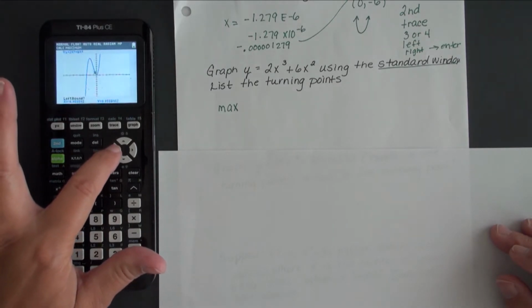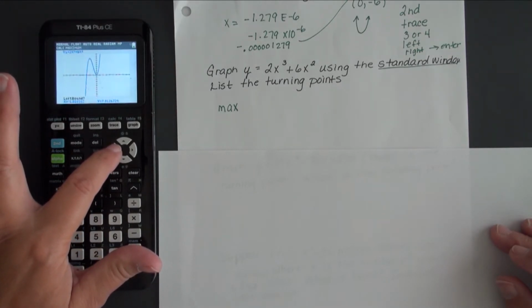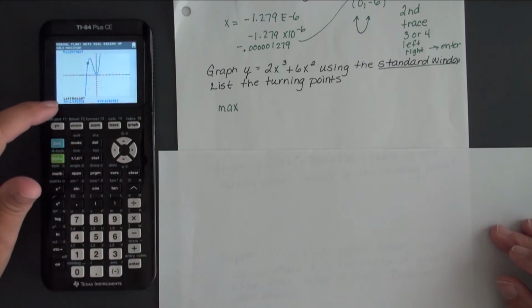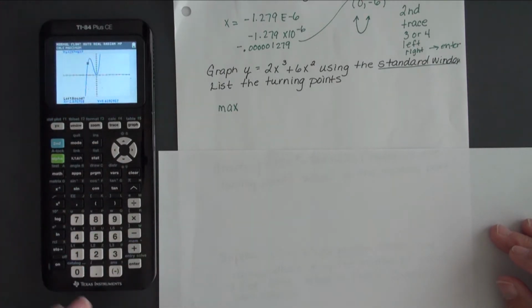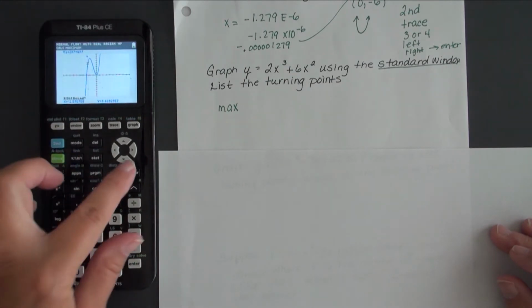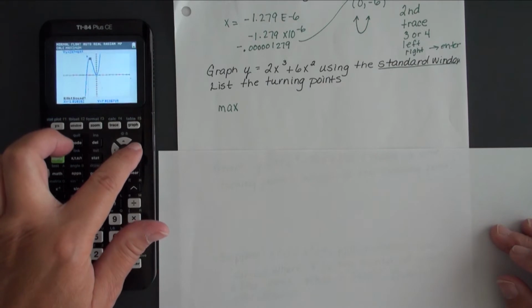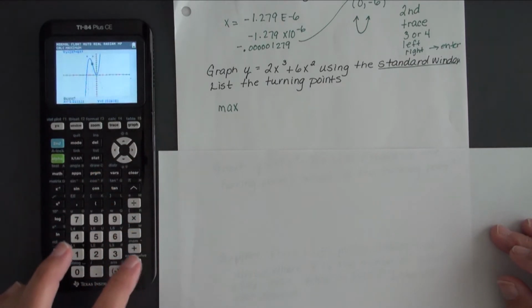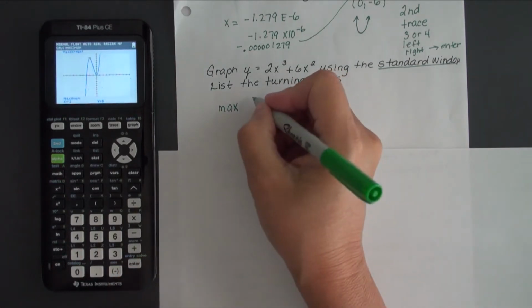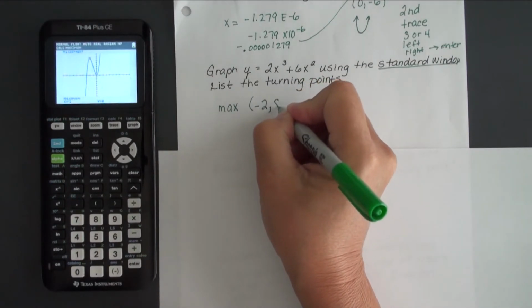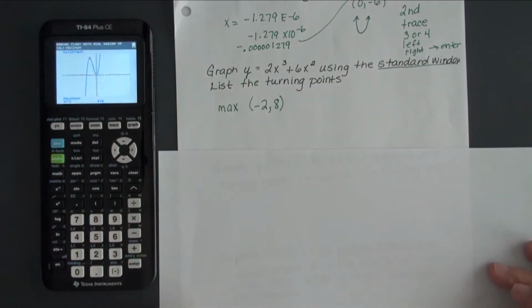Now I need to use my left arrow and go all the way to the left of this highest point right here, and then press enter. Now I need to use my right arrow and go to the right of that point and press enter. And then for the guess, we press enter again. And this says the maximum is at the point -2, 8.